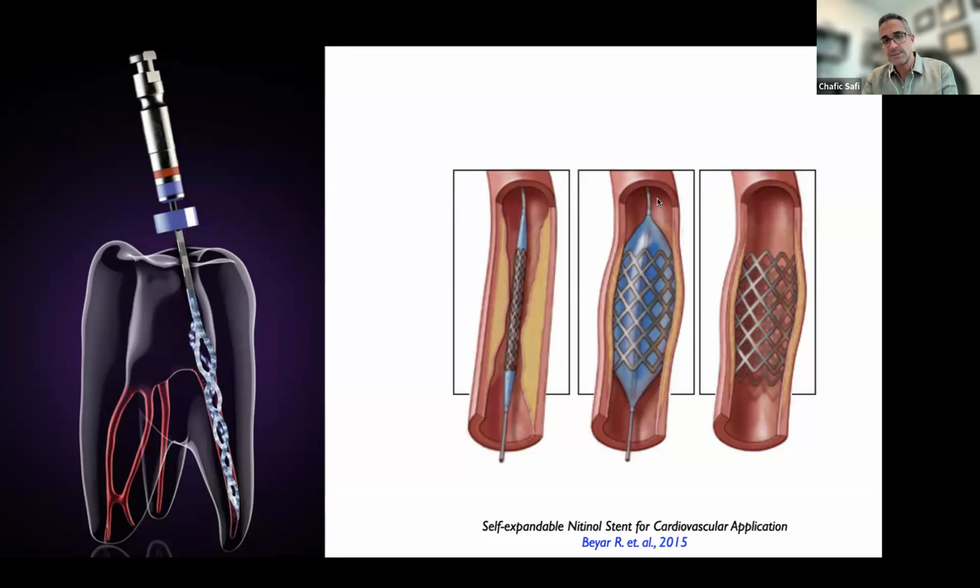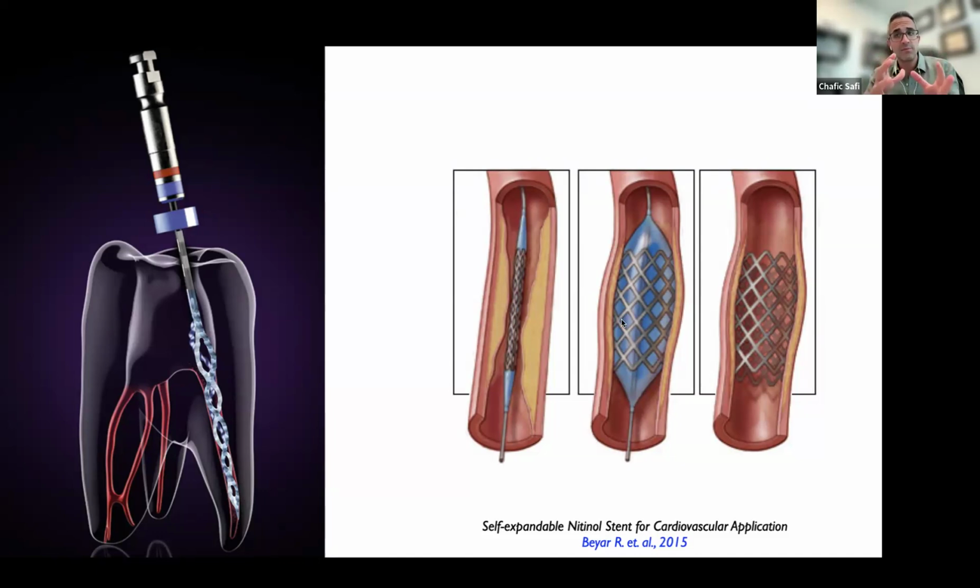And this really reminds me of a certain procedure that is done in cardiac surgery. Funny enough, cardiac surgeons use stents that are made of nitinol, which is a very similar alloy to that used today in the XP Shaper Plus, whereby they put the stent in an obstructed artery, and they want that stent to inflate and to meet the elastic resistance of that artery.